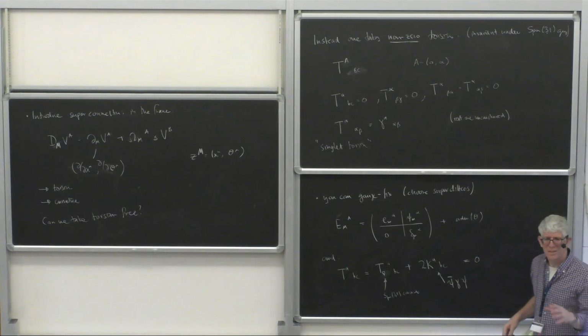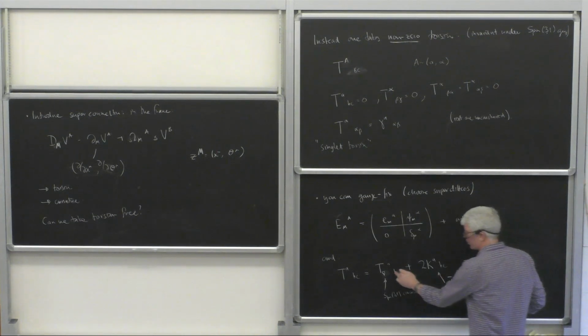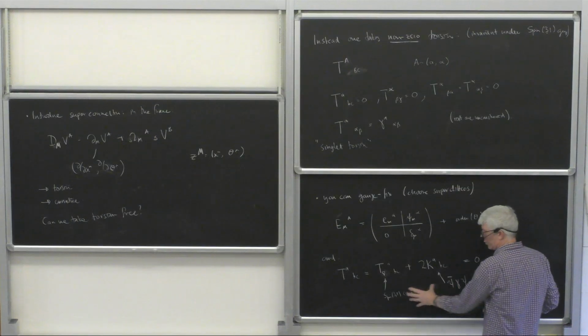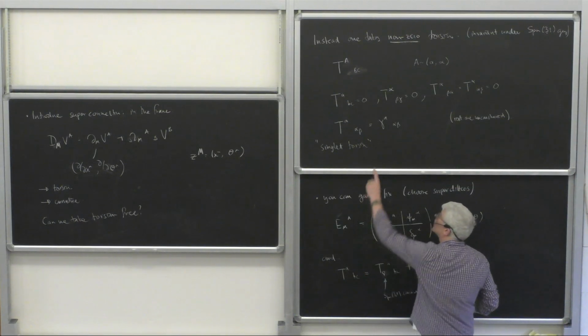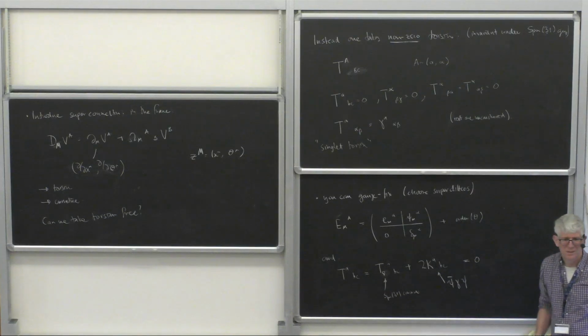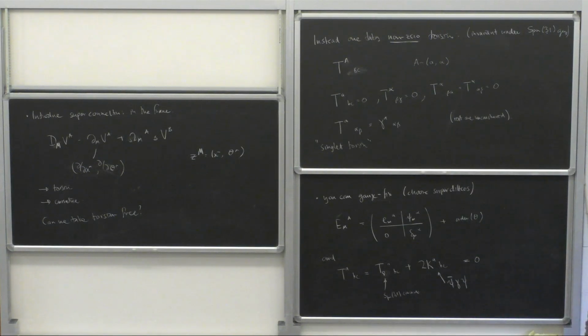That funny condition, a connection with torsion for an ordinary connection, actually corresponded to a torsion-free component in the super connection. So it's not so strange, it was somehow natural. I'm just trying to give you a feel for where the things came from in the theory.